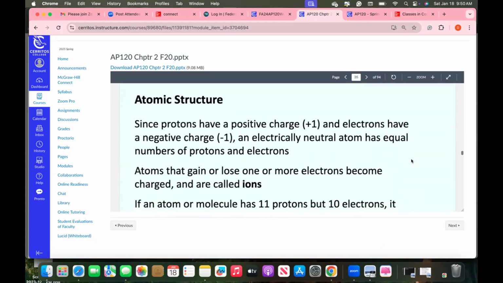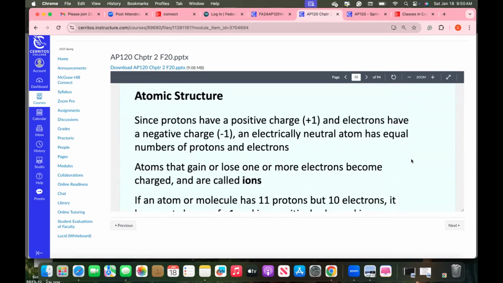Since protons have a positive charge of +1, and electrons have a negative charge of -1, an electrically neutral atom has equal numbers of protons and electrons, which is what I told you, right? The protons and the electrons have to balance each other.